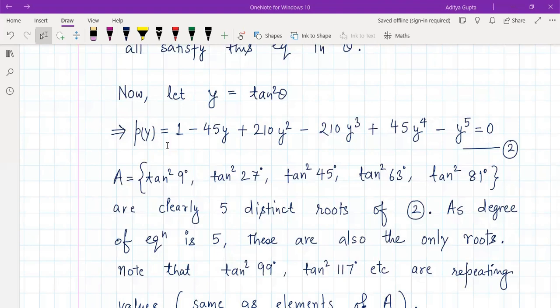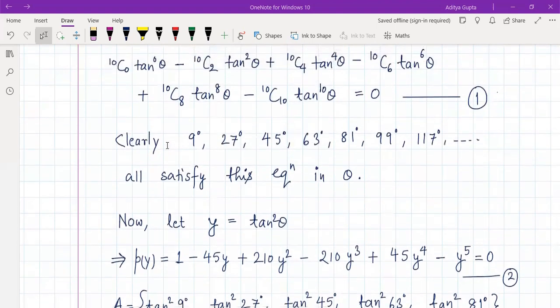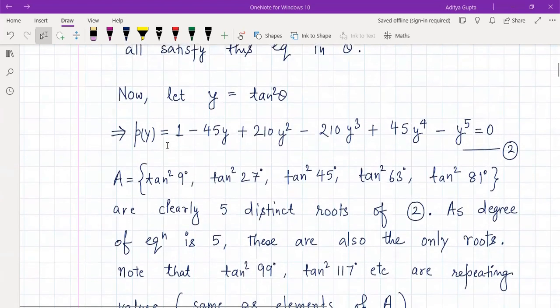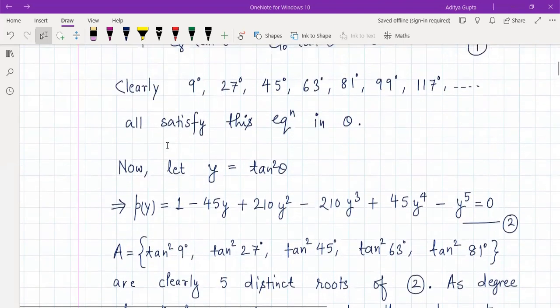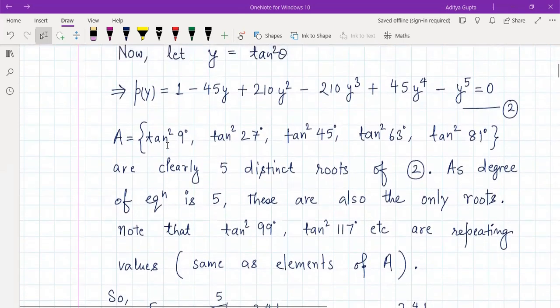One thing you might ask is that there were many values of theta, like after 81 degree also we had 99 degree, 117 degree, etc. So where did those values go? What about tan square 99 degree? What about tan square 117 degree? So the thing is that these values start repeating and are nothing different from the set A itself, because tan square 99 degree is equal to tan square of 180 degree minus 99.